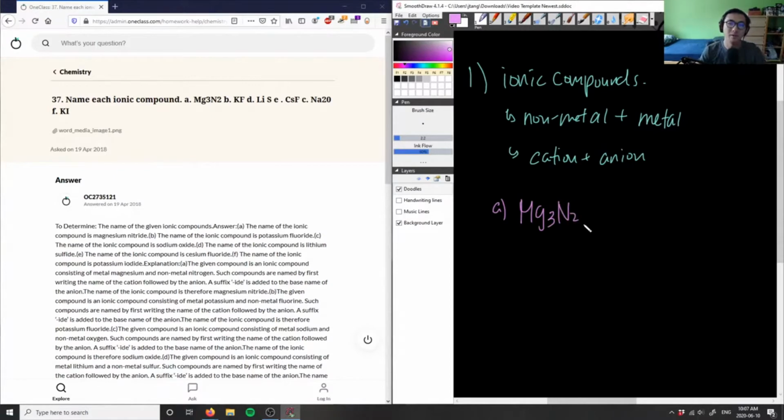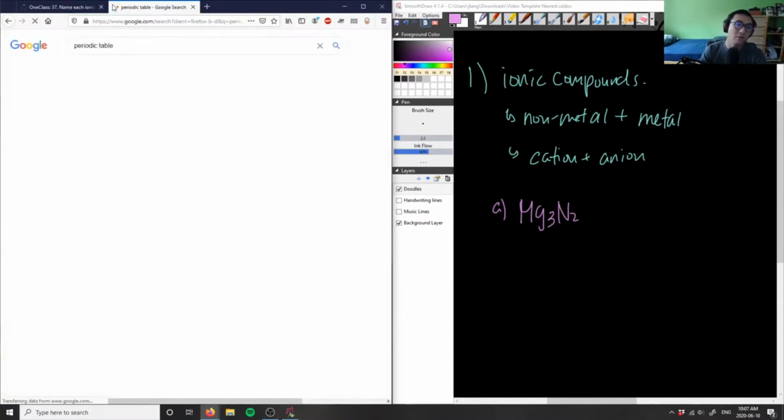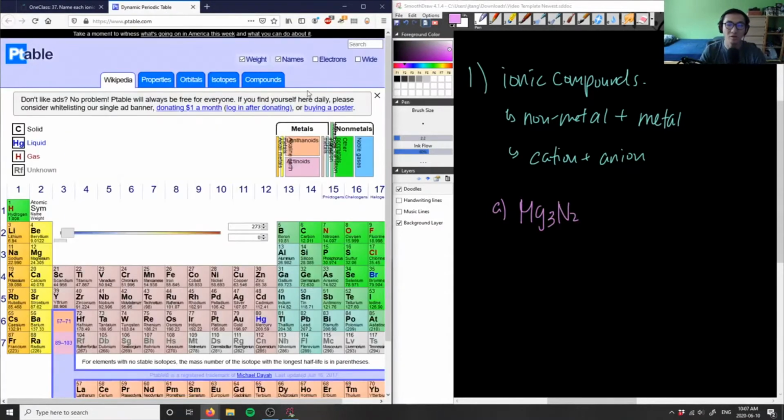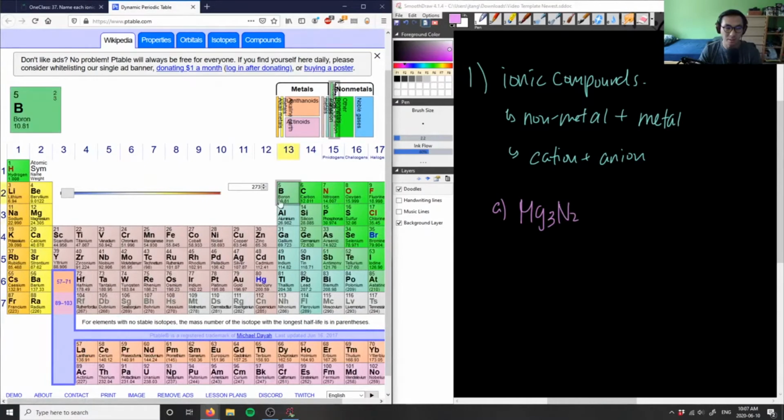Let me bring up a periodic table to help us with naming our compounds. Every time we have an ionic compound, we can simply find the names of these elements in our periodic table. For this first one, I would go to Mg and look at which element this is.